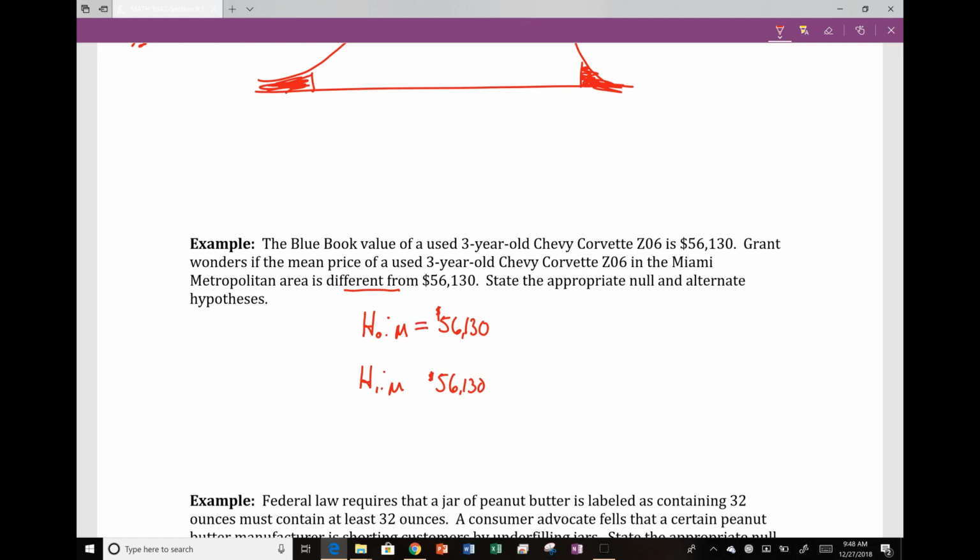I know that my null hypothesis is going to say equal to. Now on this one, it says different from. Does different indicate greater than, less than, or not equal to? A different actually signifies a not equal to.